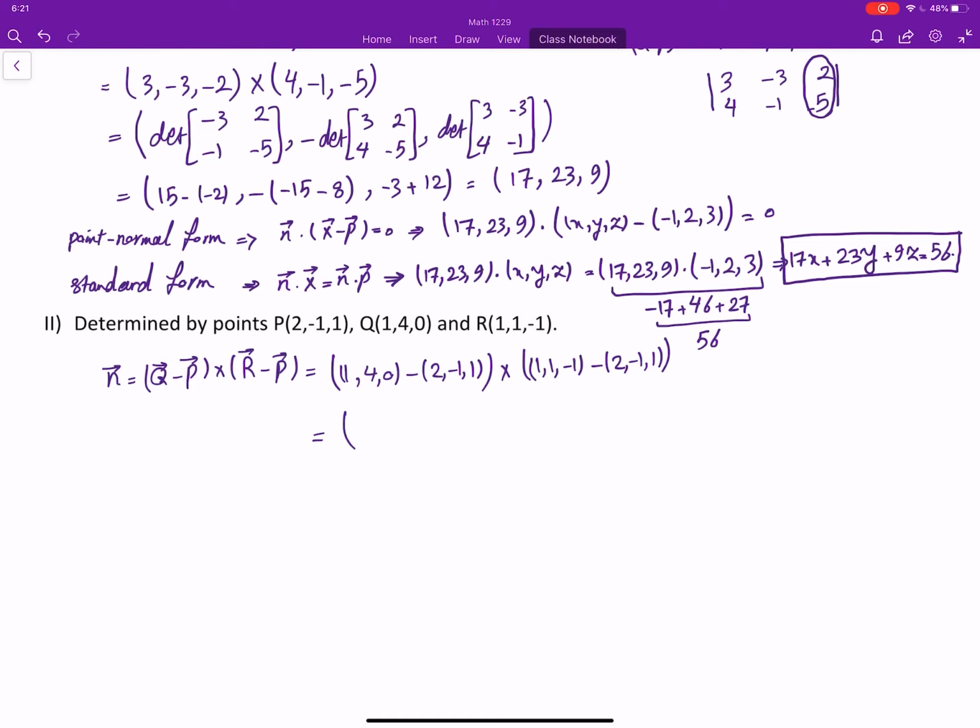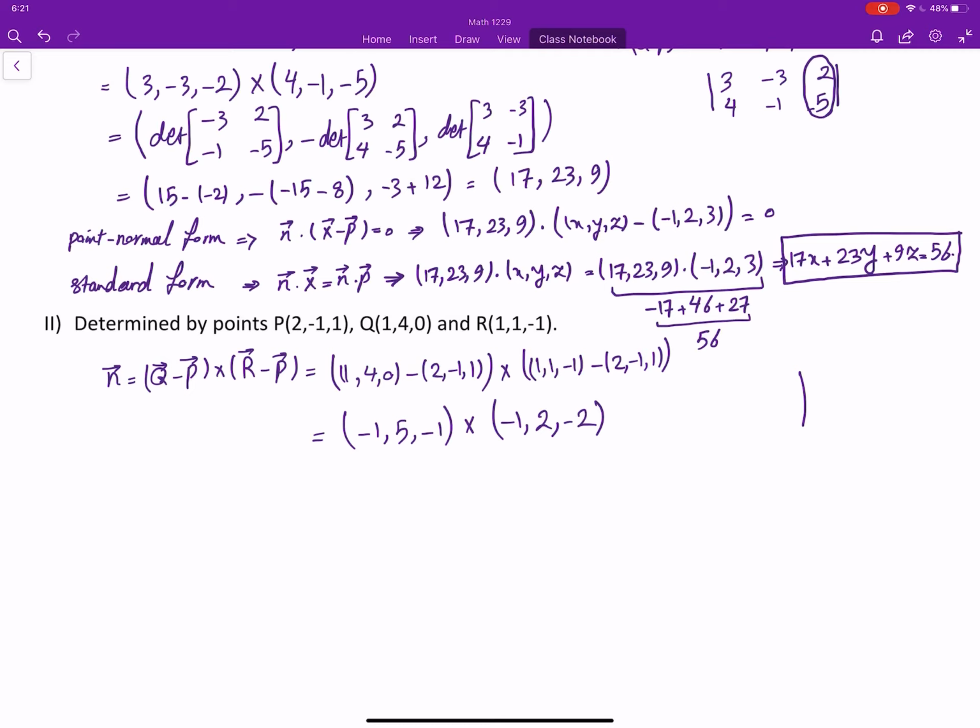And that gives us 1 minus 2 is -1, 4 minus -1 is 5, 0 minus 1 is -1, cross it by 1 minus 2 is -1, 1 minus -1 is 2, -1 minus 1 is -2.